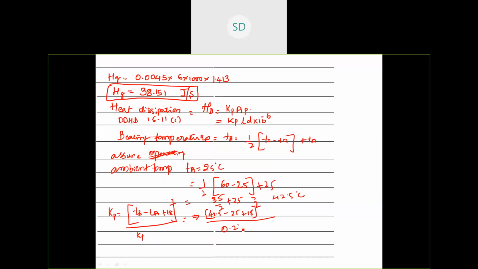Kp equal to what? 0.73. Assuming heavy construction and well ventilated. So now you calculate capital Kp.